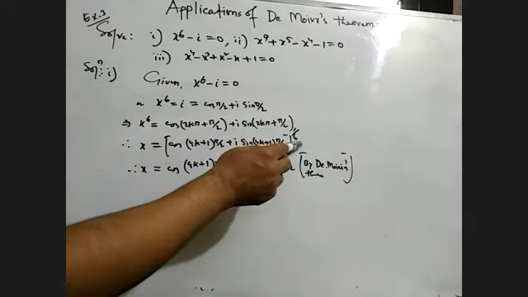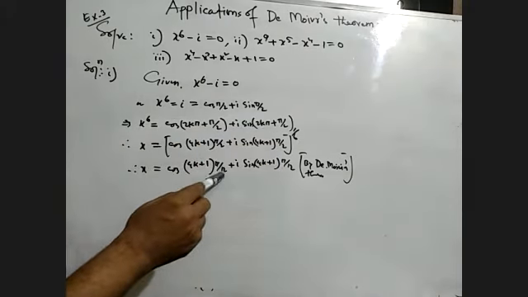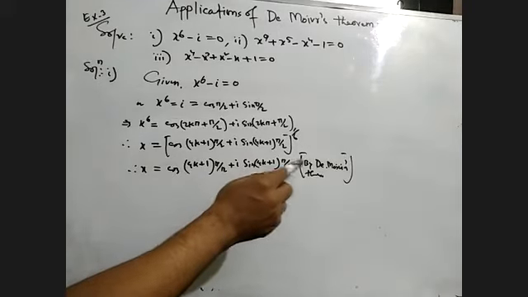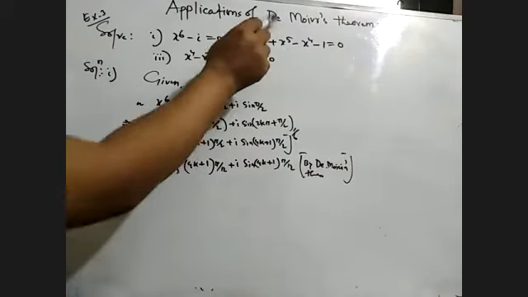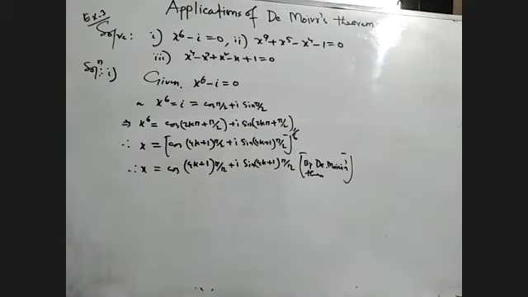that means 1 by 6 will be the power. So x equals cos of (4k plus 1) pi by 12 plus i sin of (4k plus 1) pi by 12, by using de Moivre's theorem. Okay, de Moivre's theorem, this power will be multiplied with the angle.